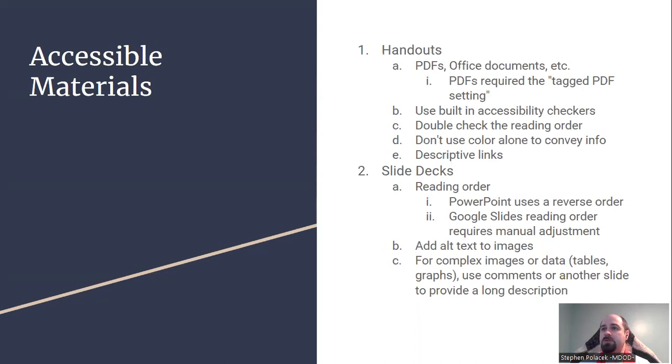Same for links. You need to make sure that they're descriptive, telling people where this is going to go, especially if it's a really long URL string, because data is going to get lost in that reading. They might hear the start of the URL, understand this will take me to this domain, but then they hear this long string after it and they might not be sure where it's going.